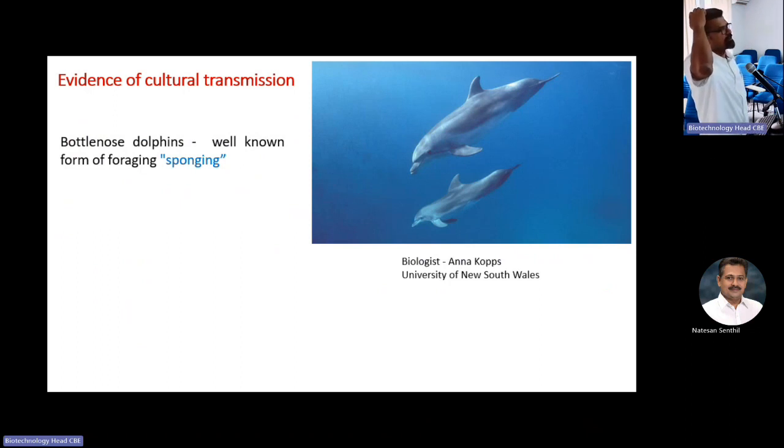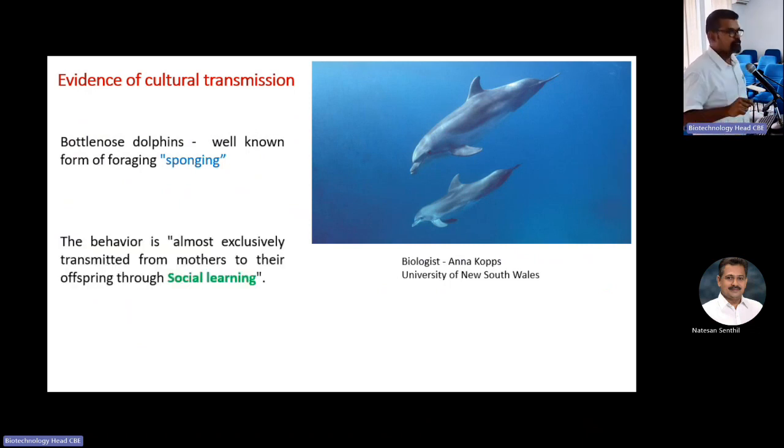Another example of cultural transmission is bottlenose dolphins, well known for their foraging with sponges. This behavior is almost exclusively transmitted from mothers to their offspring through social learning.